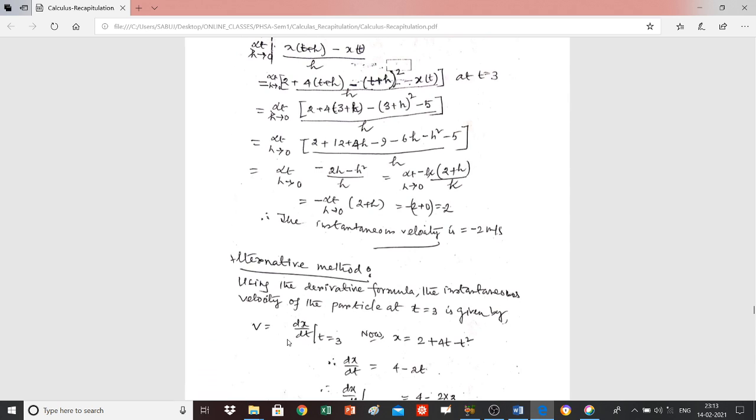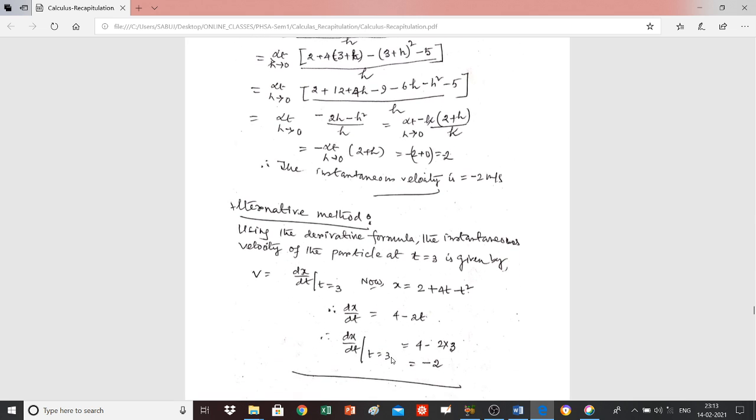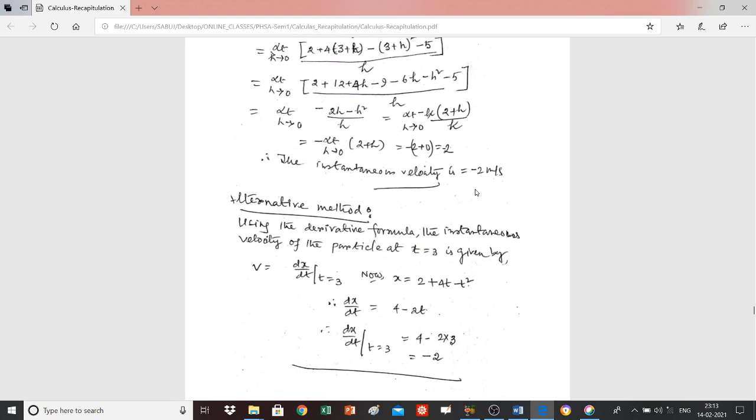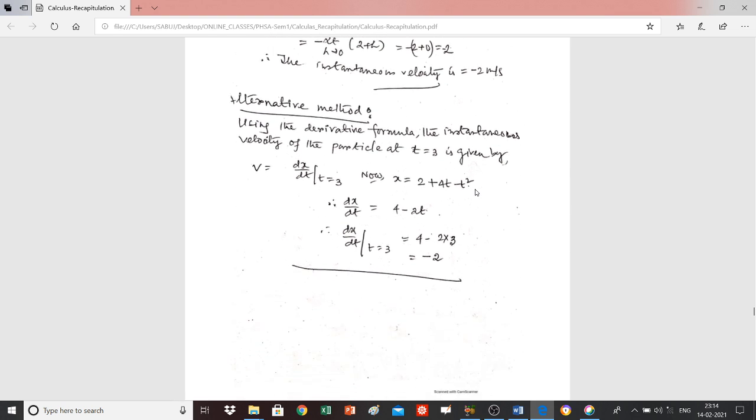So dx by dt, that is equal to v, has the value 4 minus 2t. Use the value of t equal to 3 in this expression, so dx by dt is equal to minus 2. In this case also I have calculated minus 2. So the instantaneous velocity is minus 2 meter per second. You have to check it.